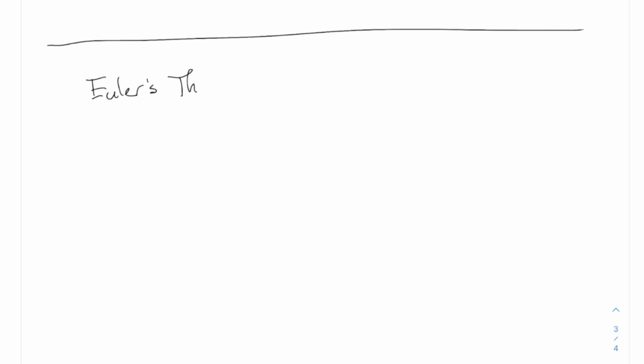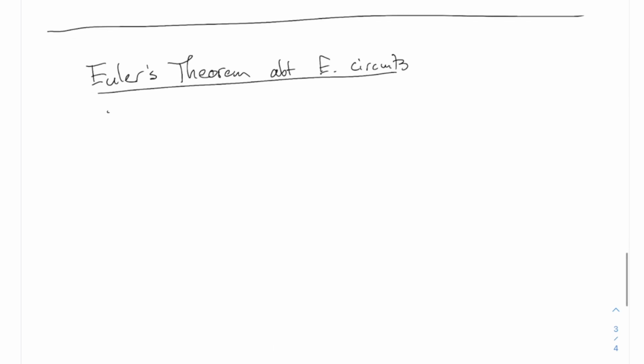Euler actually is super famous, and there are many things named after Euler, and there are several things called Euler's theorem, but I will just call this Euler's theorem about Euler circuits. It tells you when an Euler circuit exists or not. Here it is.